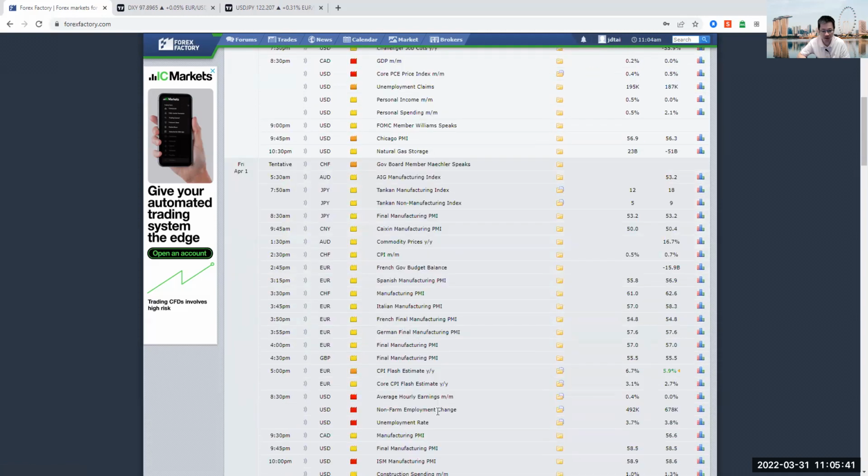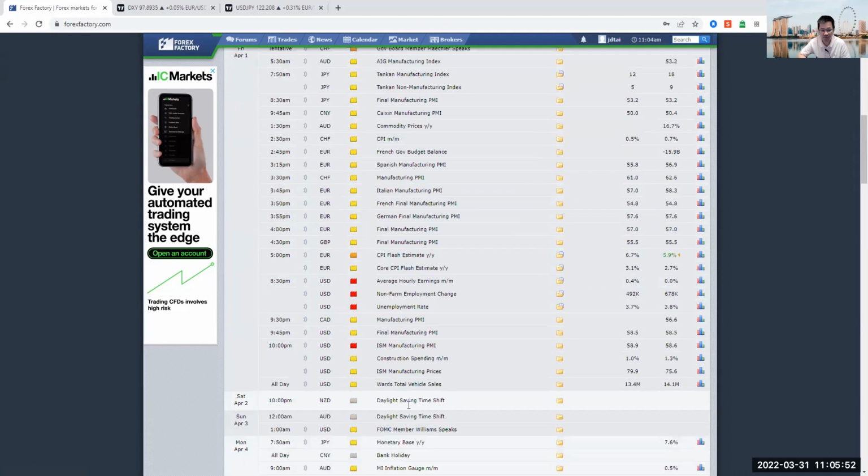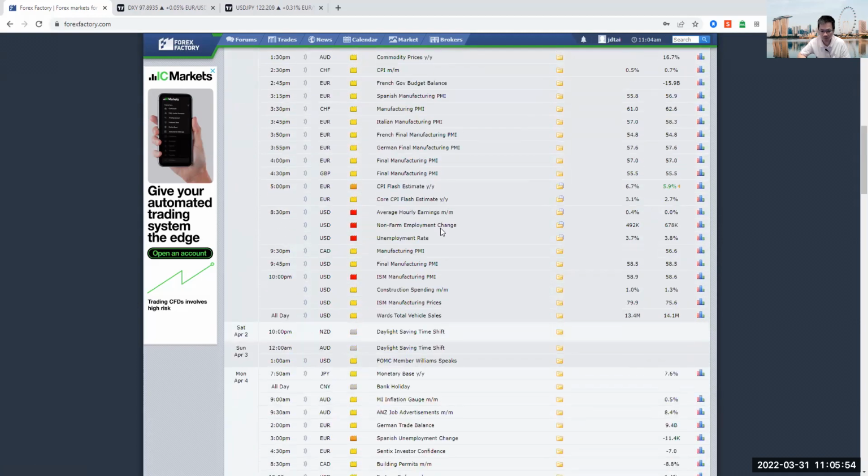Tomorrow we have the non-farm payrolls coming up, with nothing much else for the yen in particular. Non-farm payroll employment change is expected to go from 678 to a slight drop to 492. I think this drop is anticipated, and I think it might even see a lower than expected number, but not cause too many surprises.